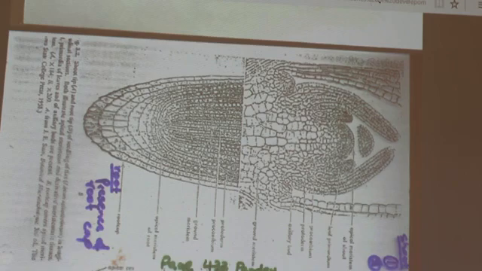This is the root apical meristem. I will come back to it, but please just note the following, that there is an area here which we can demarcate as the source, and from this source things are growing up and things are growing down.